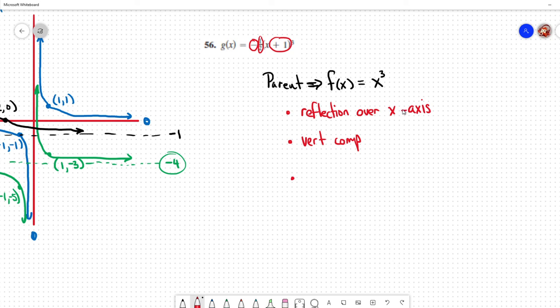You have to say where. Over what axis did you reflect? So vertical compression, and I'm going to say vertical compression by a factor of 2. So here's another thing that I saw some people make mistakes on. They would say vertical compression, and they would say by 1/2 or by a factor.